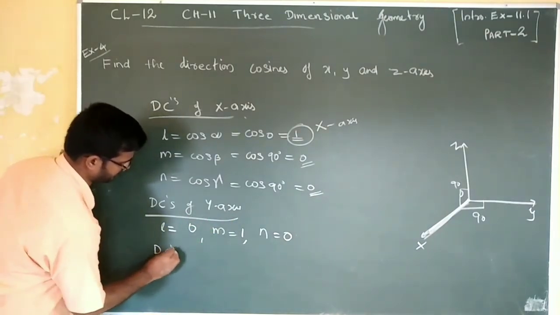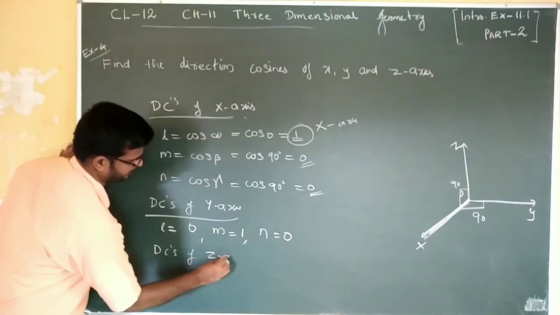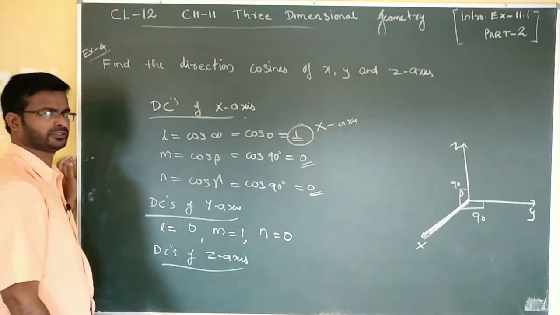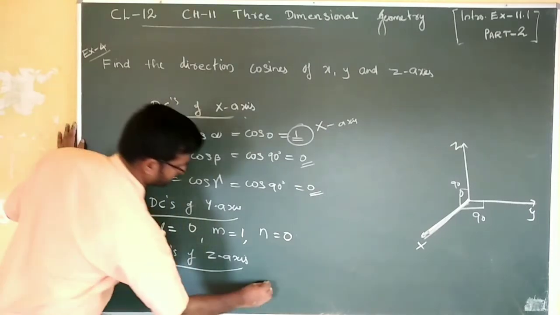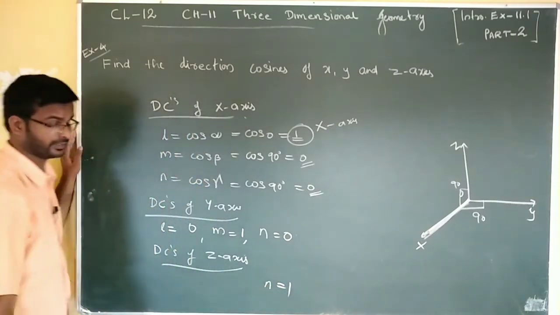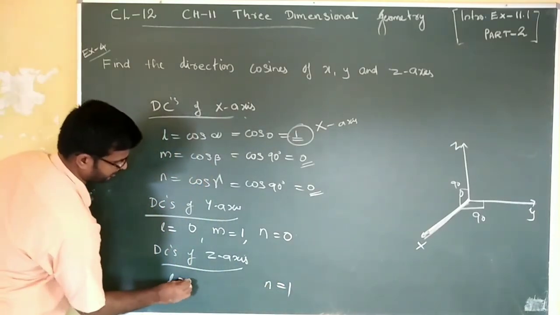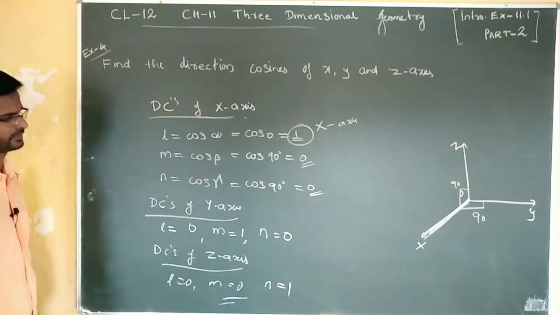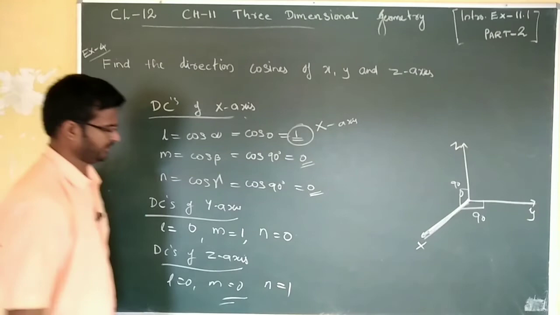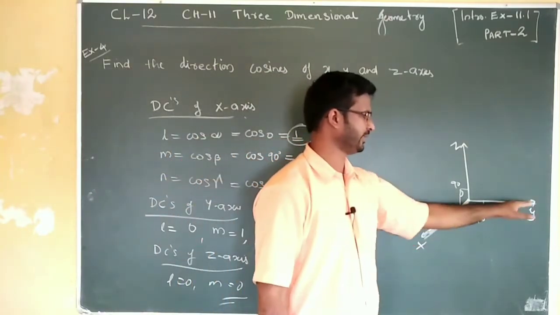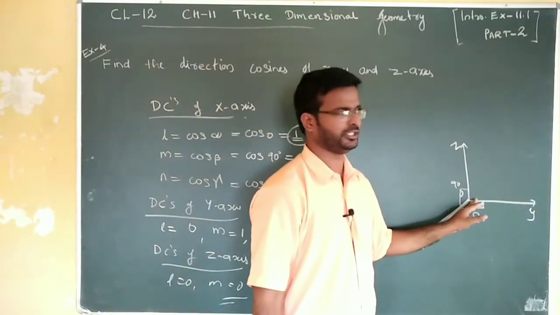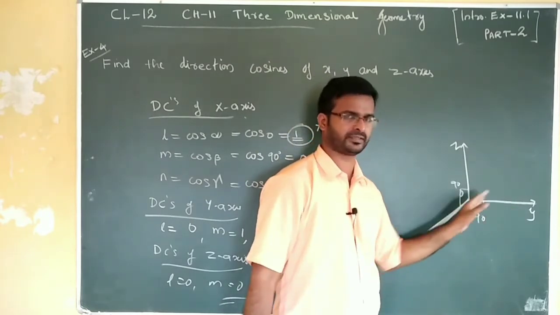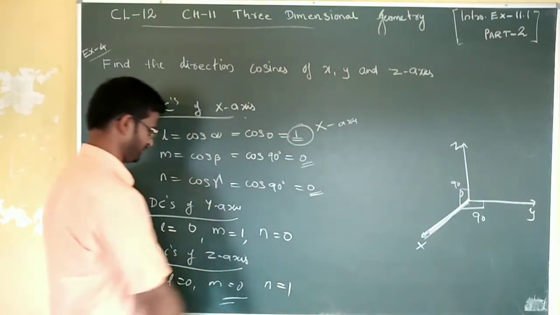Then the direction cosines of the z-axis: in the z-axis, which direction cosine will be 1? That is n. n equal to 1, then l equal to 0, m equal to 0. You can check this by considering the y-axis: what is the angle between the y-axis and the y-axis, and between the x-axis and the y-axis. Similarly, you can find out these values.